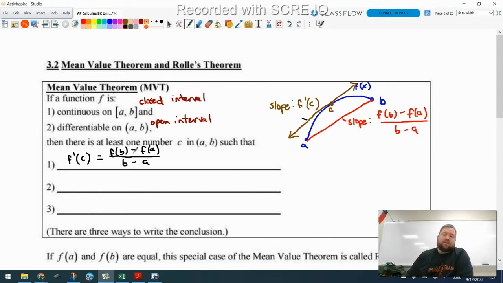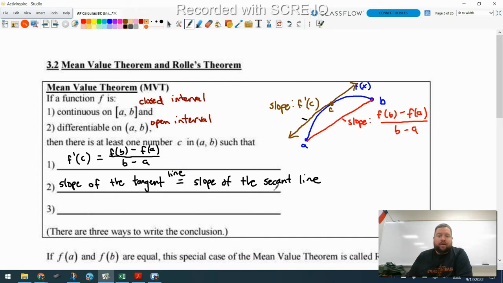All right, so two other ways to write the conclusion. You could say in words, slope of the tangent line equals slope of the secant line. I probably should include the word line there too.